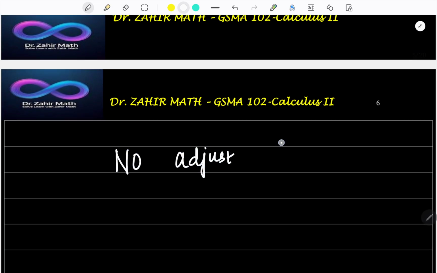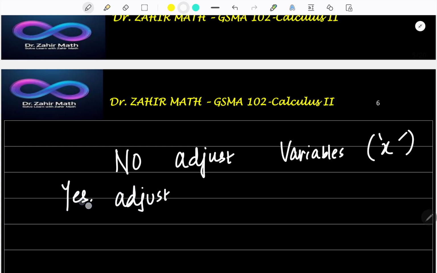Variables means what? x. You are not supposed to divide or multiply by x or x square or x cube, x power 4. But you can adjust only numbers. Numbers means what? 5, 6, 7, minus 1, minus 2, minus 3, whatever it is. So this is the main important point.